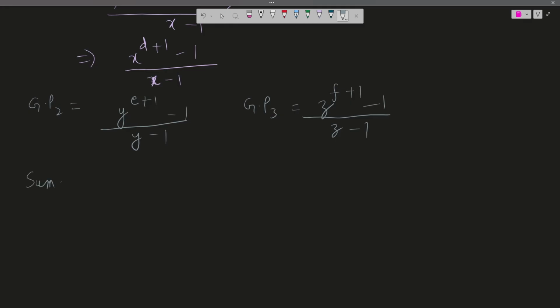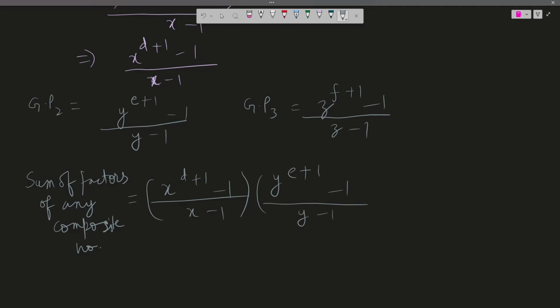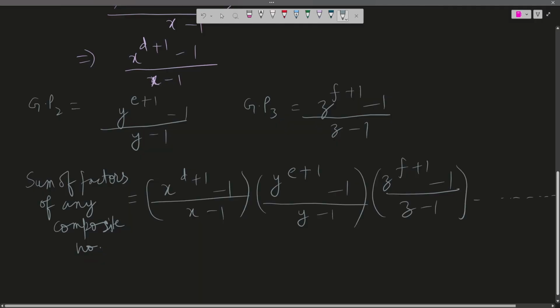So the sum of factors of any composite number can be written as x to the power d plus 1 minus 1 upon x minus 1, multiplied by y to the power e plus 1 minus 1 upon y minus 1, into z to the power f plus 1 minus 1 upon z minus 1, and it goes on.